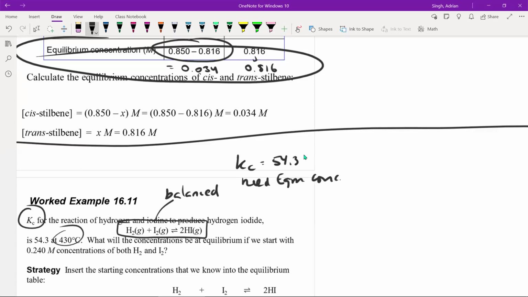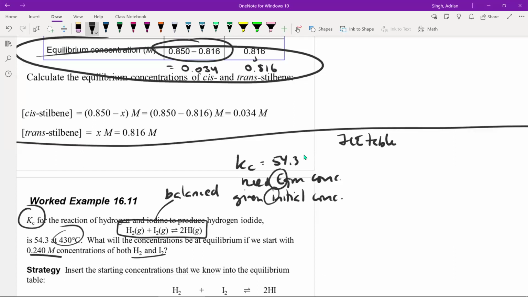If we start with, so we're now given initial concentrations, 0.24 molar of both the H2 and the I2. So we're given initial concentration. This would imply that if we need equilibrium concentrations, we have initial concentrations and we need to create an ICE table.